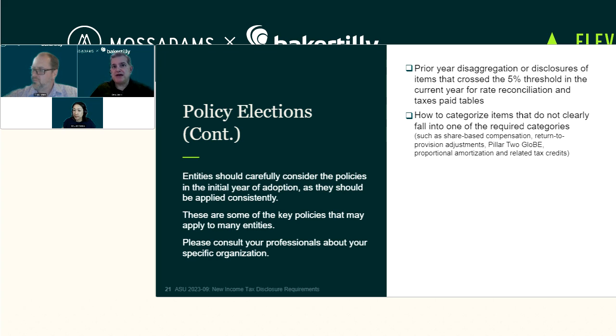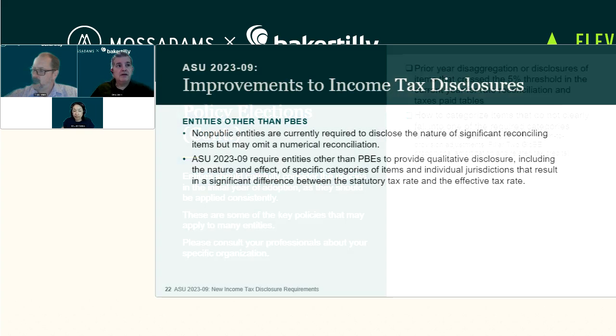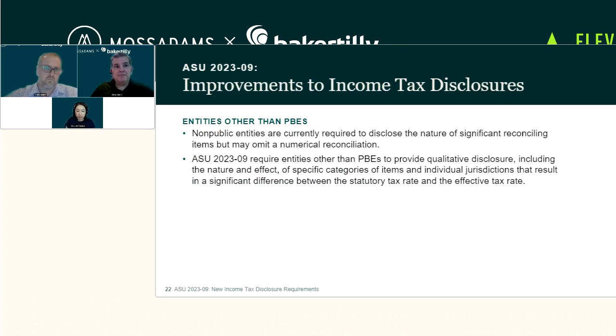In the area of investment tax credit, there is a traditional approach, take the credit in the year that you earn it, but then there's also the ability to amortize. And so thinking about those disclosures. In addition, non-public companies, which we have a lot of on the webcast, are currently required to disclose the nature of significant reconciling items, but may omit a numerical reconciliation, as was mentioned.